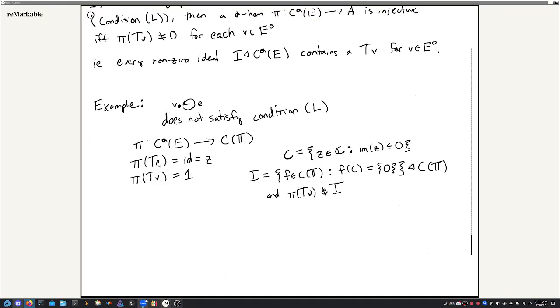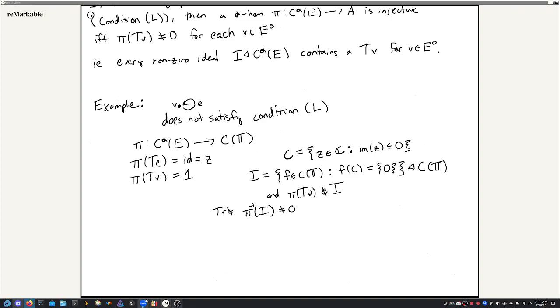And therefore pi inverse of the ideal is an ideal which is non-zero and doesn't contain the only vertex projection. So Cuntz-Krieger uniqueness fails spectacularly.